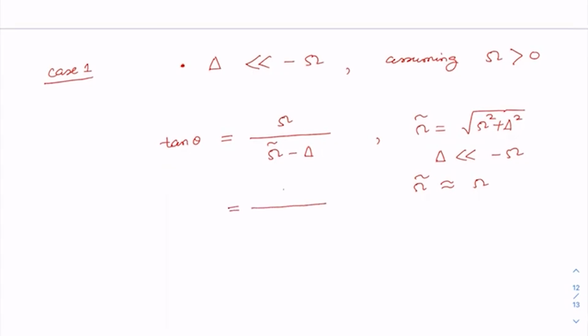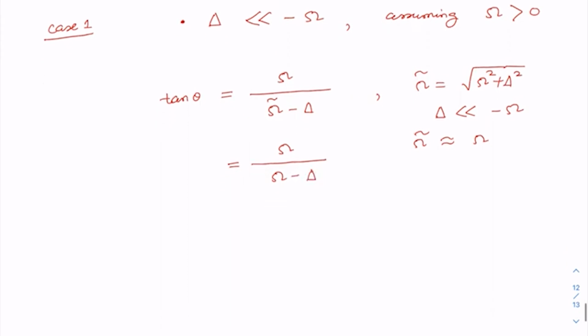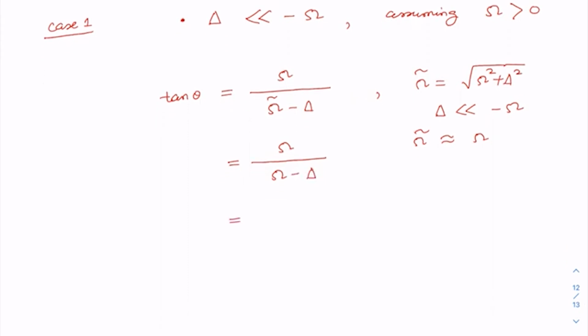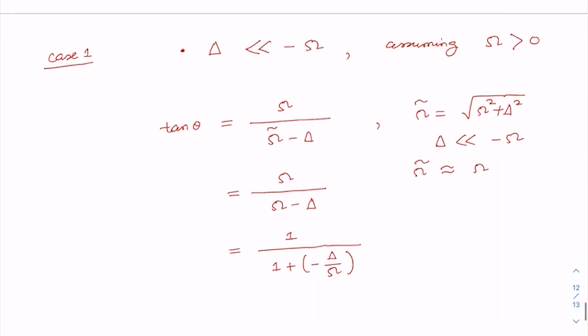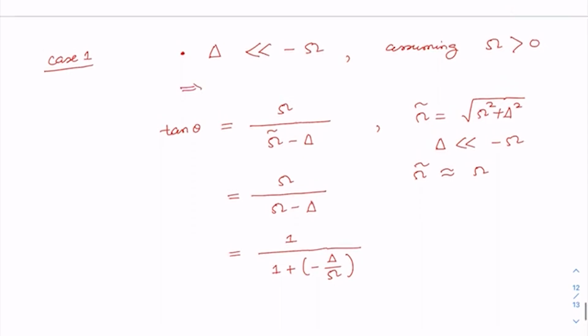So I have here omega divided by omega minus delta, which I can actually write as 1 divided by 1 minus delta by omega. Now from here you can see that minus delta by omega is much greater than 1.